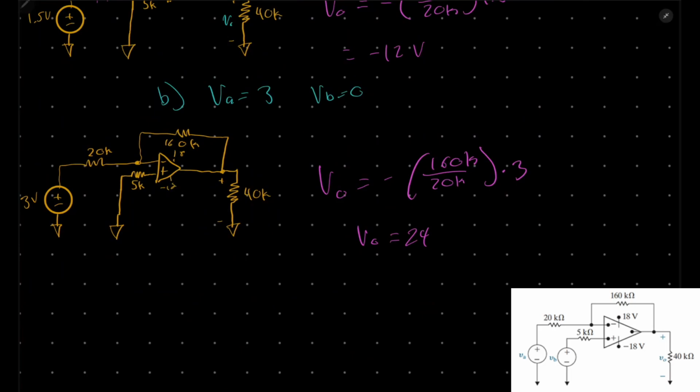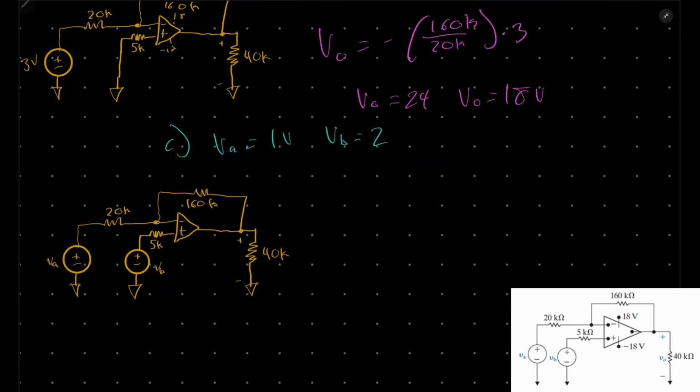So this 24 is actually going to be saturated because it is greater than 18. So that means that our V out is actually going to be equal to 18 volts.